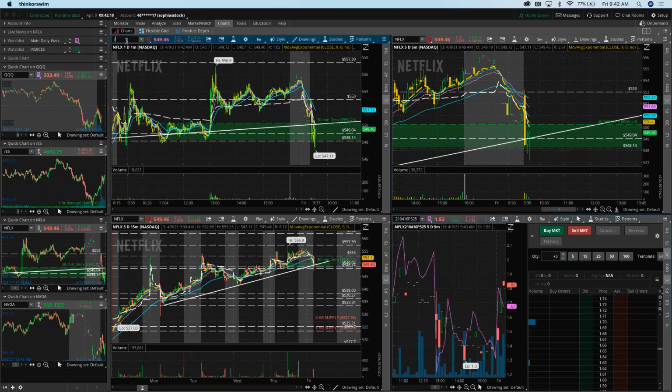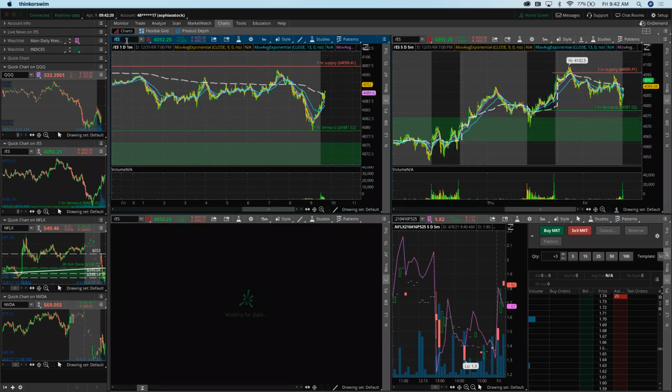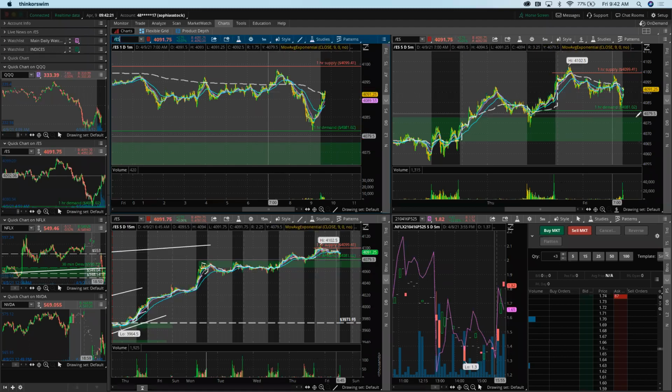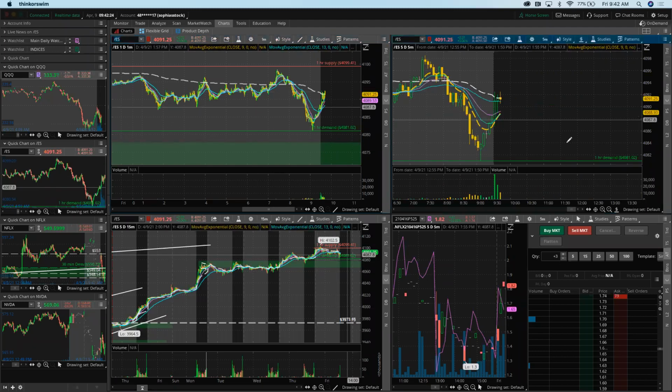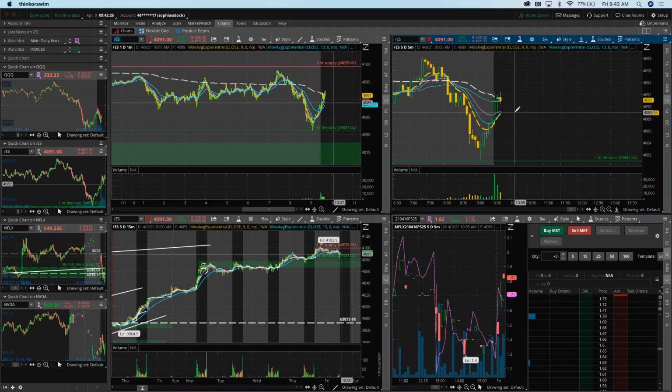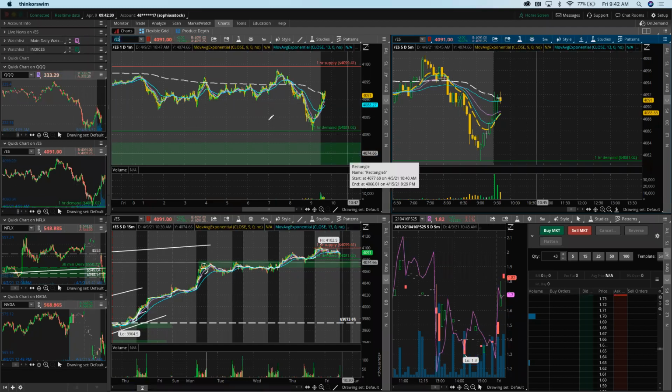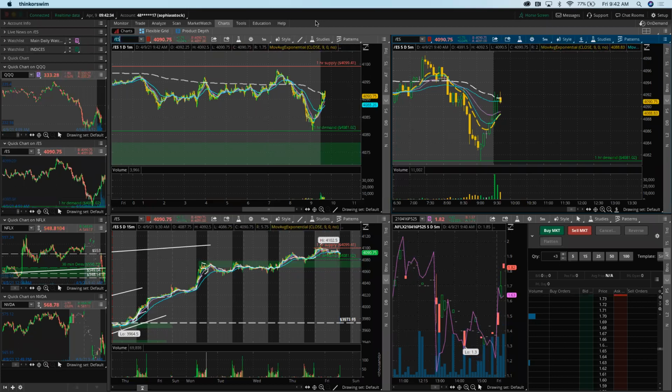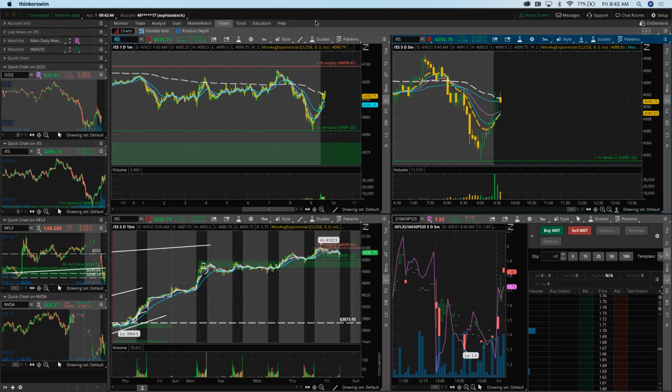Let's say you're looking at SPY. Yeah, SPY is definitely looking bullish. It just created a new high on the day. Let's see what happens with it though. They had to struggle to pull that one out.